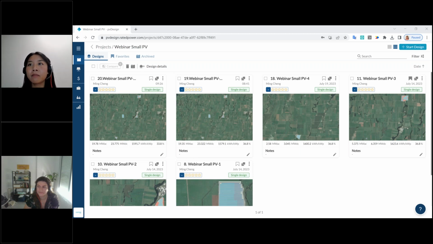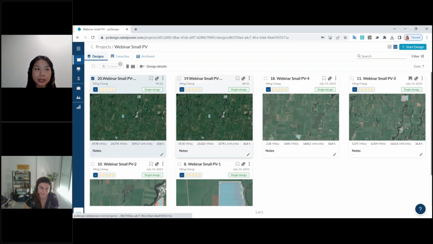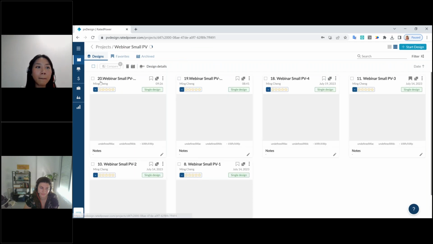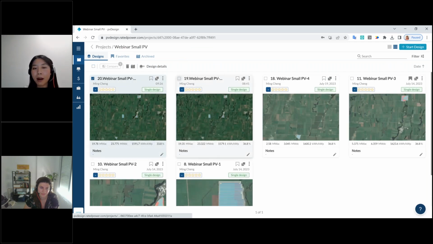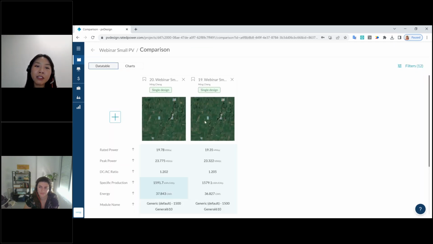And then finally, a follow-up question: can we export the comparison report? For now, the users cannot directly export it yet. Sorry, if I go back to the comparison page, for now, the users cannot export directly. However, there's a small trick.